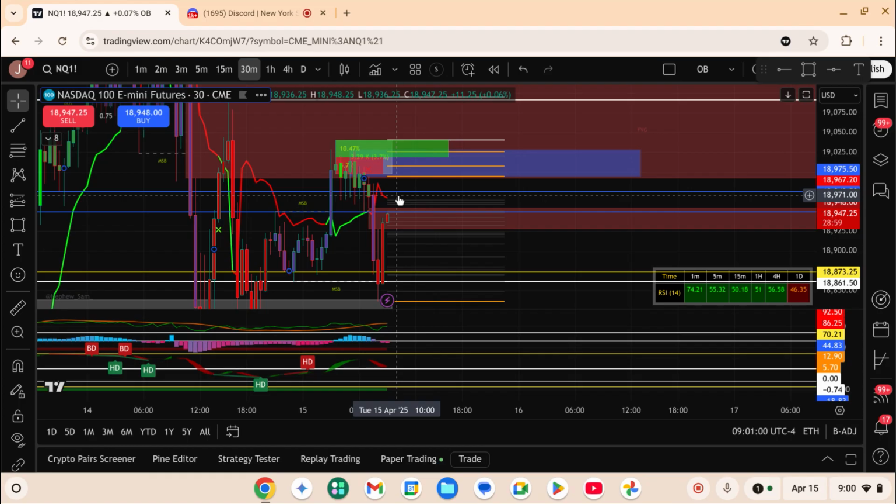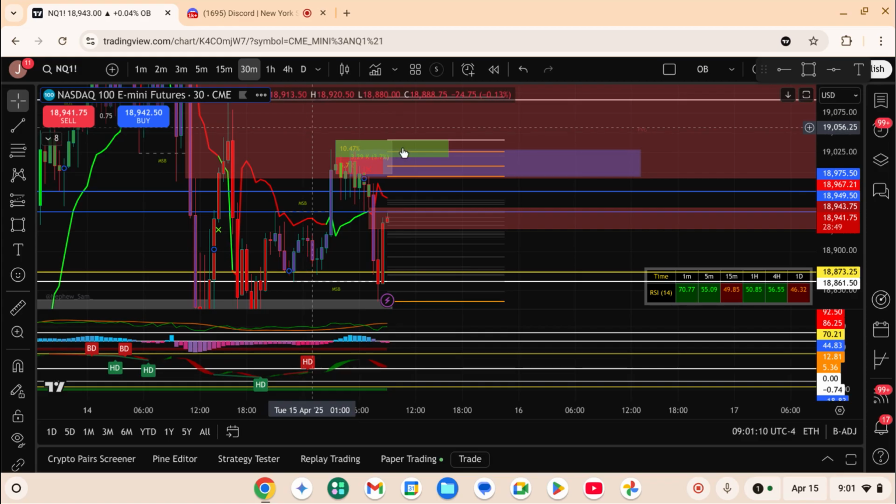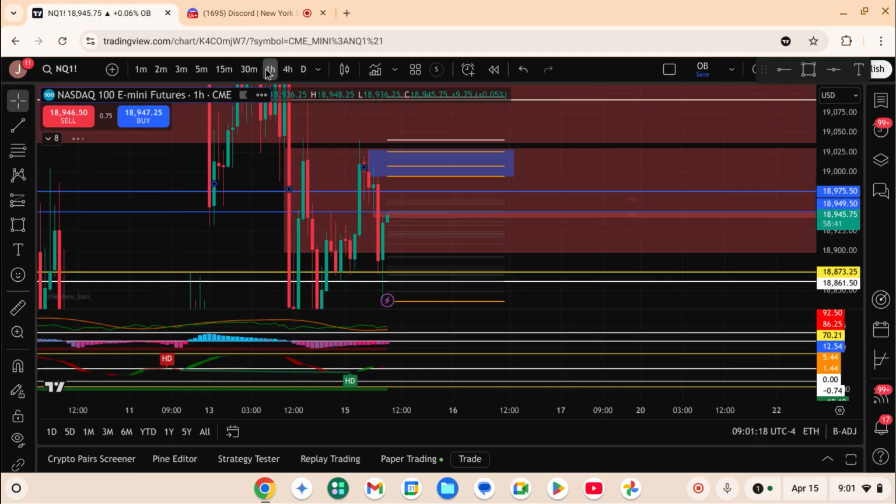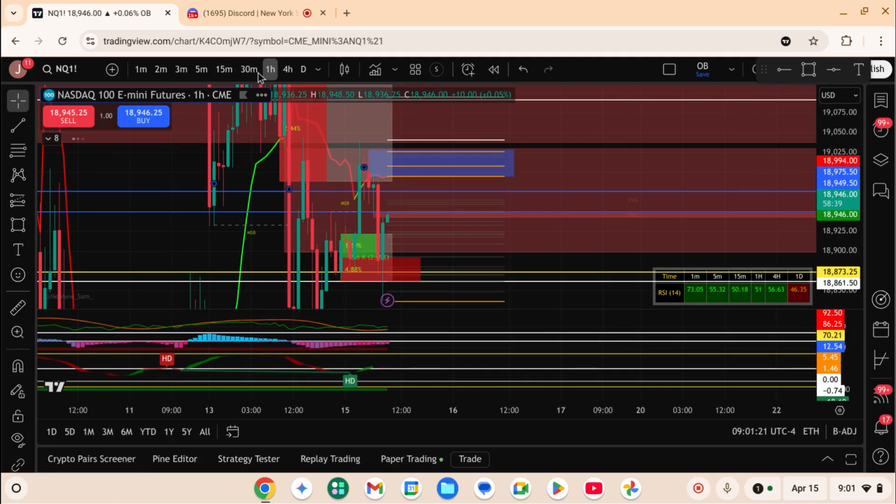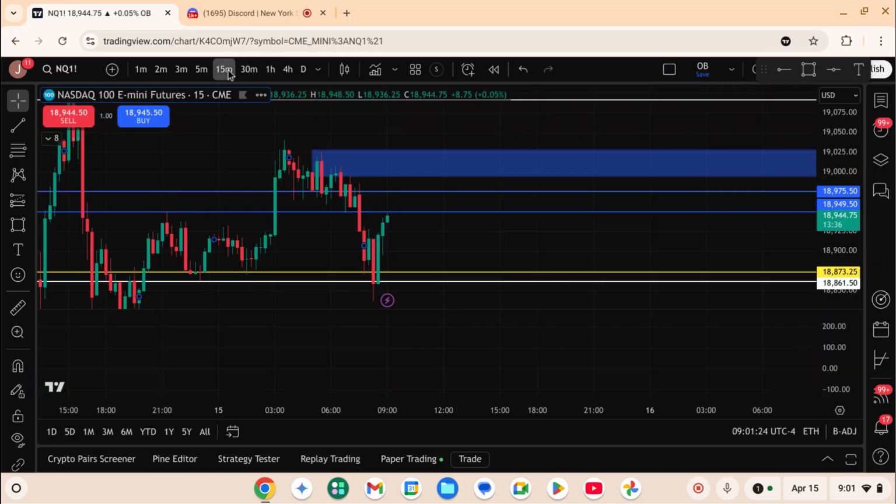We'll see what price does. Looks pretty bullish to me.